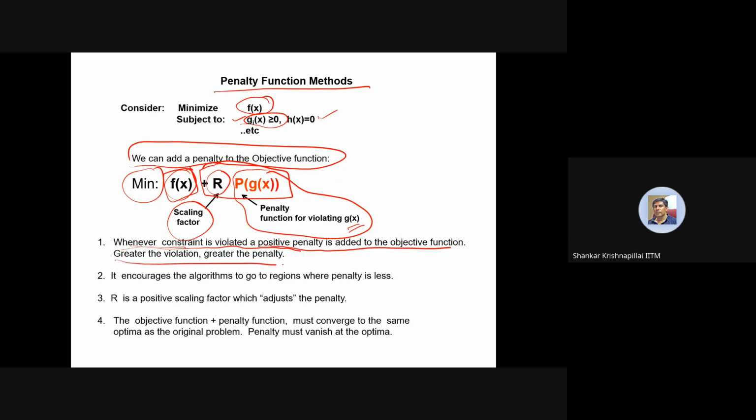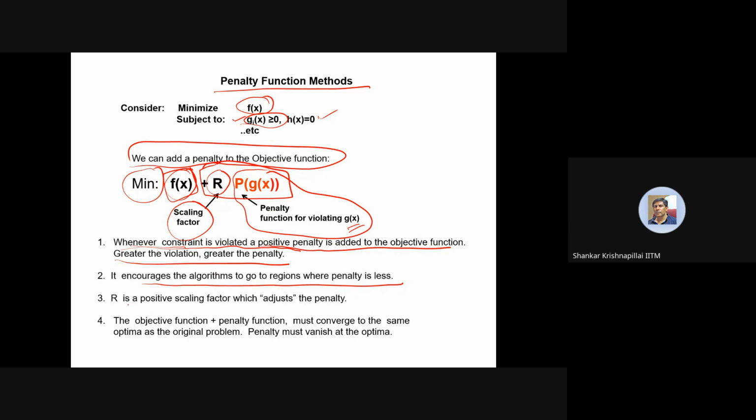So greater the violation, greater is the penalty which is added to the objective function. When you add a penalty to the objective function, the algorithm will try to change the direction of its iterative movement. It will try to move the search into regions of less penalty.